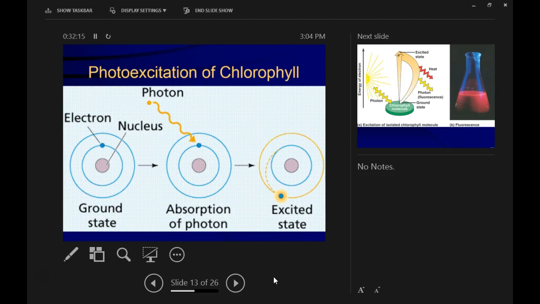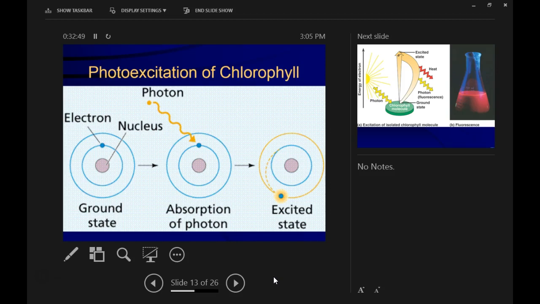It's almost like taking water from below a dam and moving it up to the reservoir above the dam. Now we have stored energy. So this is what we call photoexcitation. That's how pigments work. They absorb that energy and it boosts their electrons to a higher energy level.